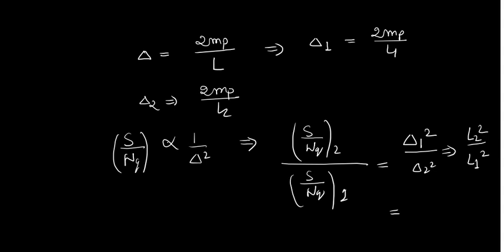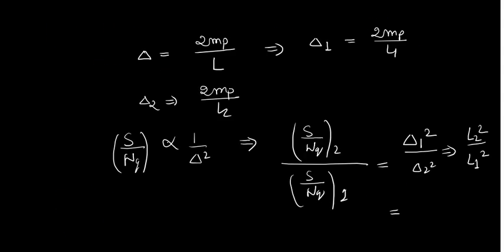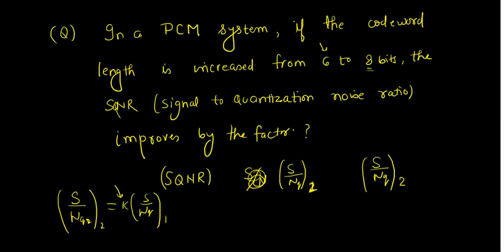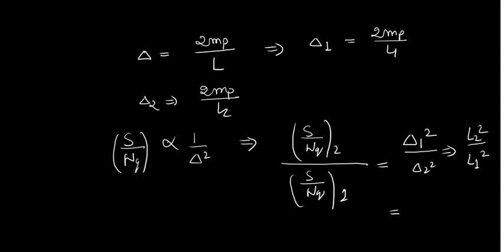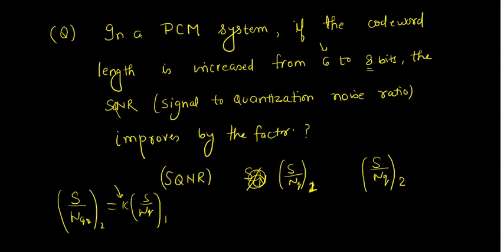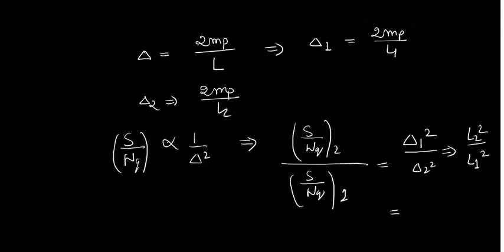Since the peak value will be the same, here we have to write L2 as, we just missed the slides, I think. So L2 was 2 to the power 8 and L1 was 2 to the power 6.